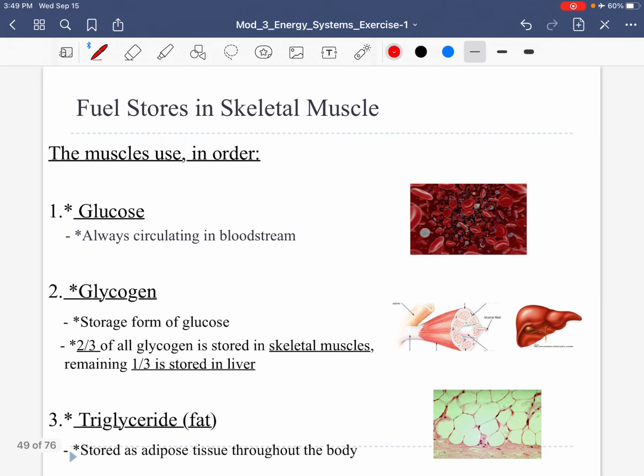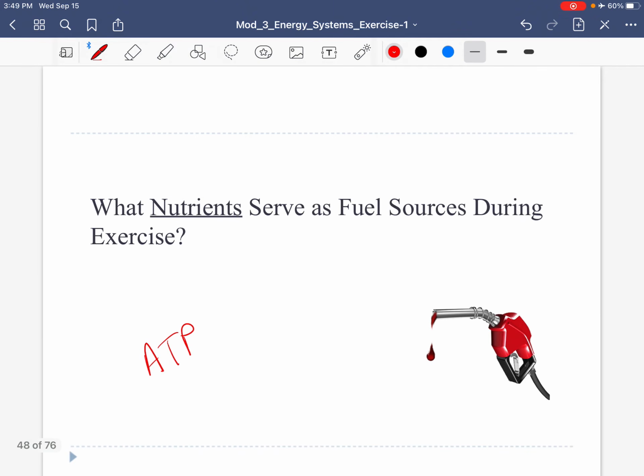But what can we use to form ATP? I just peeked ahead. Please forgive me. In other words, the common thought is, well, we convert glucose into ATP, which goes into the muscle. But we can also convert glycogen, which is stored glucose.